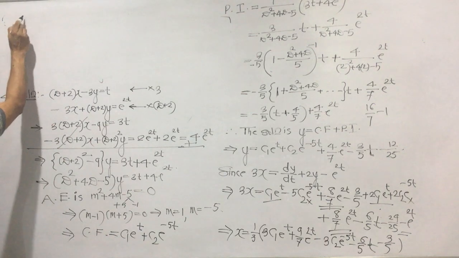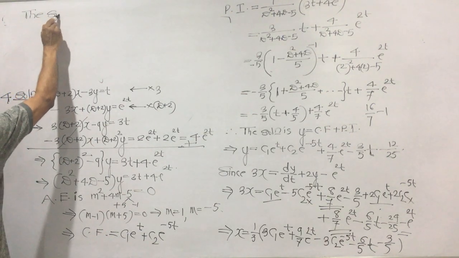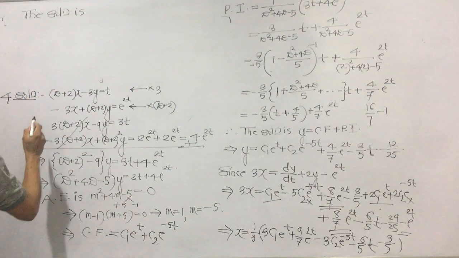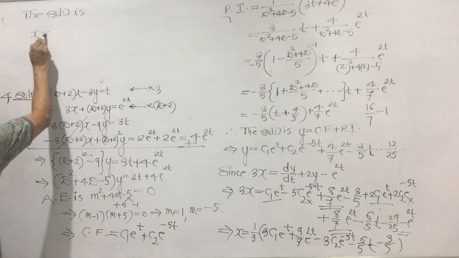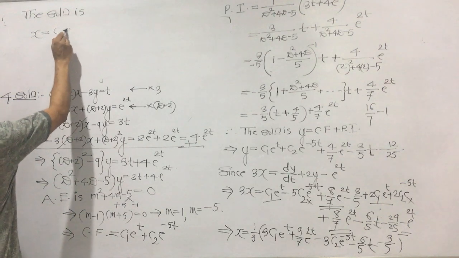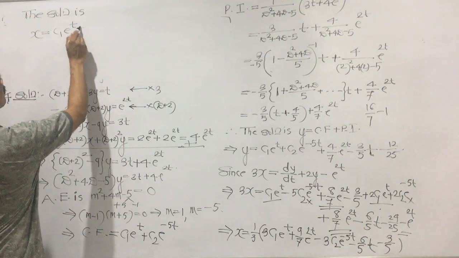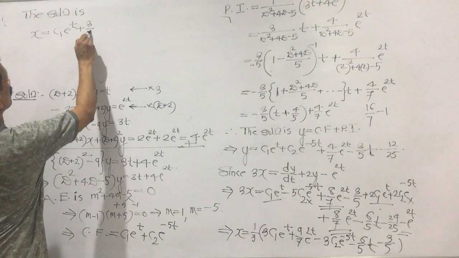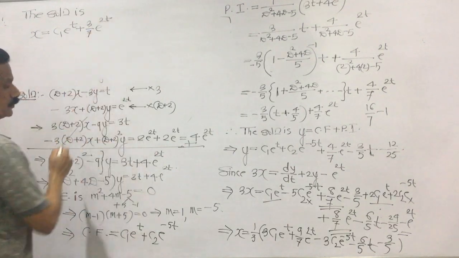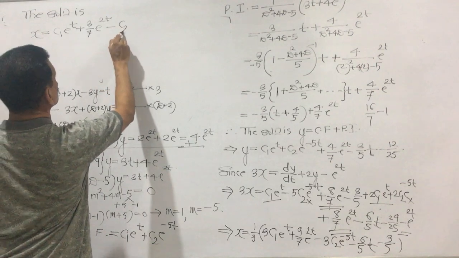Therefore the solution is: I write x equal to, look here, the 3 gets cancelled, it is c1 e raised to t. Next, 3 3s are 3 by 7 e raised to 2t, and the 3 gets cancelled here, minus c2.